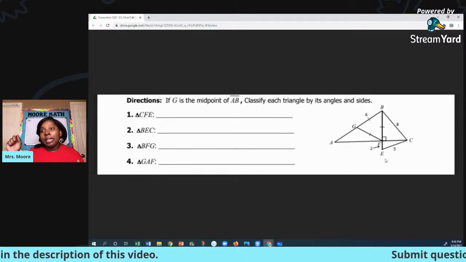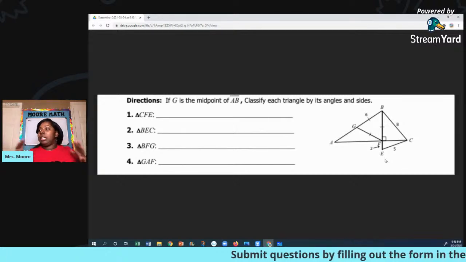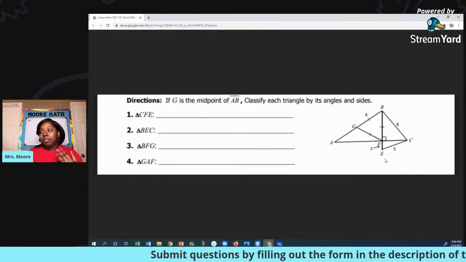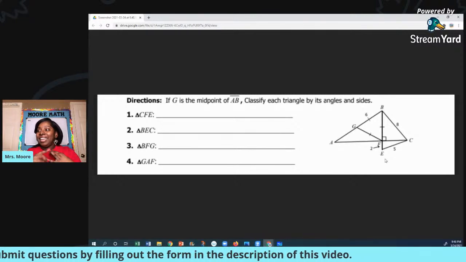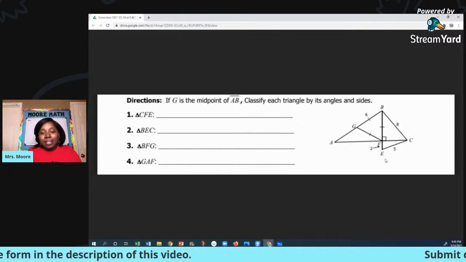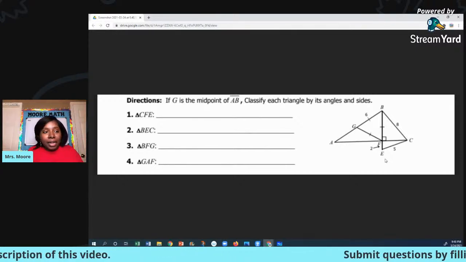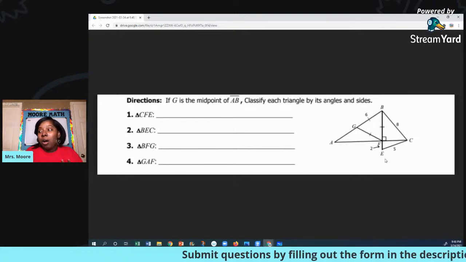So if you're looking at B, E, and C, they don't look like there's angles that are 90 degrees. And it also doesn't look like anything that's over. No matter how you transform it, there's nothing over 90 degrees. So you can already take out obtuse, and you can already take out a right triangle.